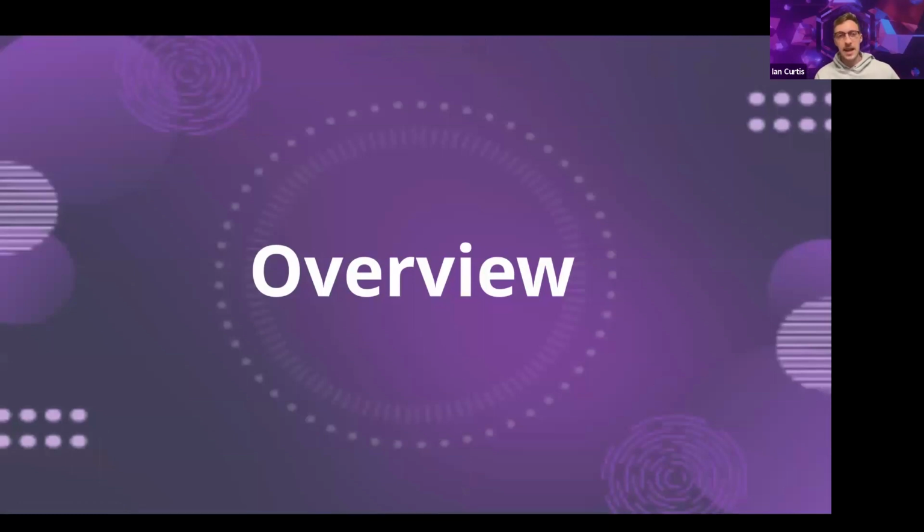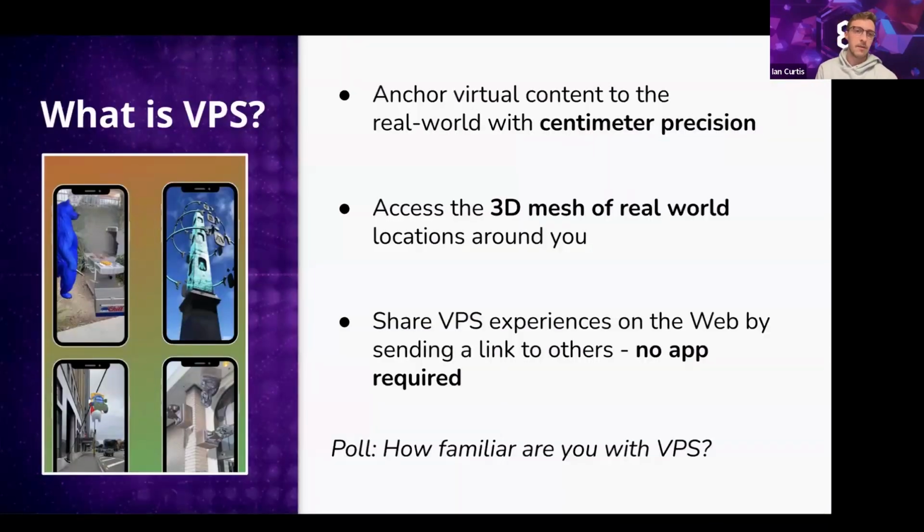I'm so excited today to talk about an overview of what VPS is, and then we'll go into a step-by-step process on how to grab a VPS wayspot, add a model to it, position it to your liking, and then add in animations and other things to make a really awesome experience. So we'll start off basically with what is VPS, or Visual Positioning System.